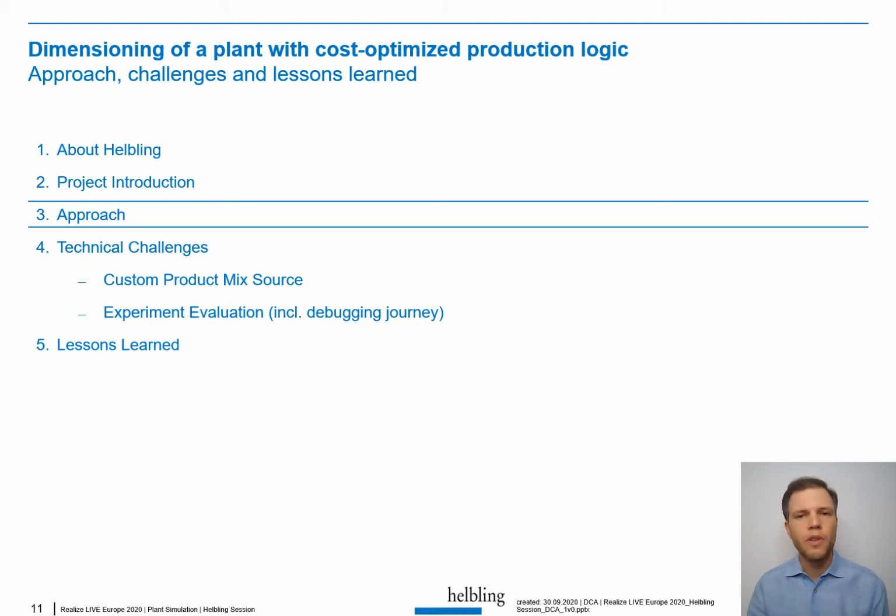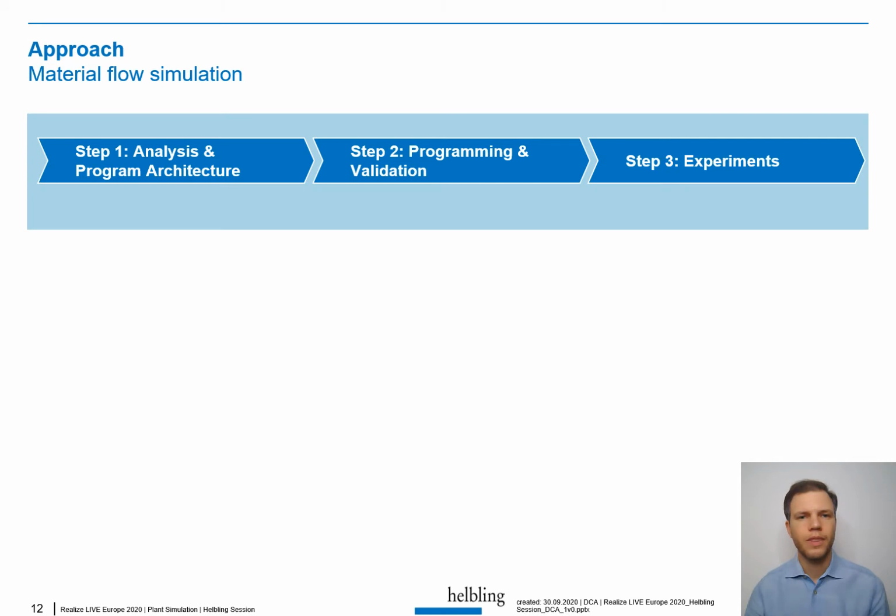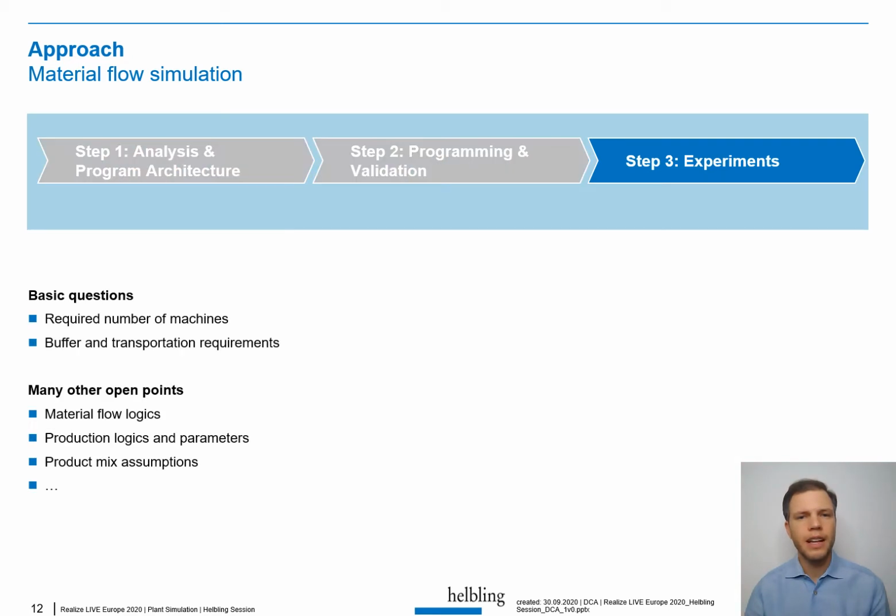Now I'm going to show you how we approached the simulation task. We approach all our simulations with these 3 generic steps: analysis and program architecture, programming and validation, and experiments. And on this last step, I would like to focus a bit more.